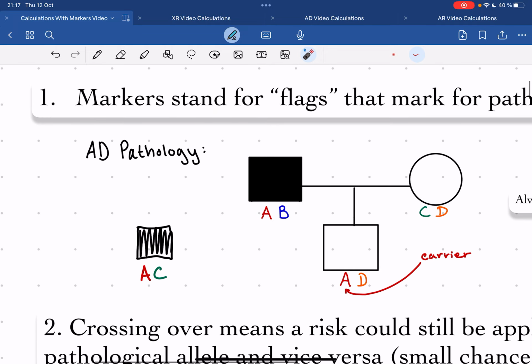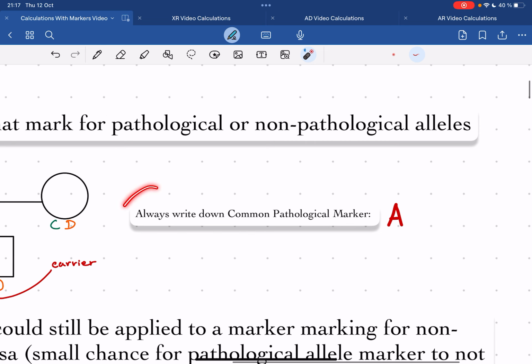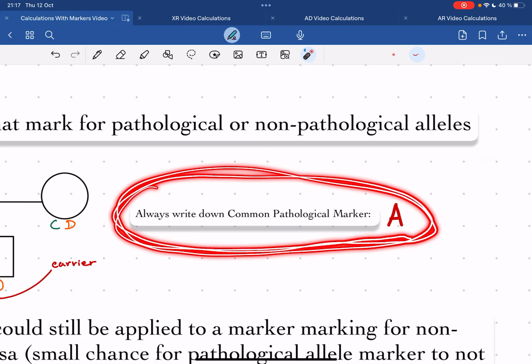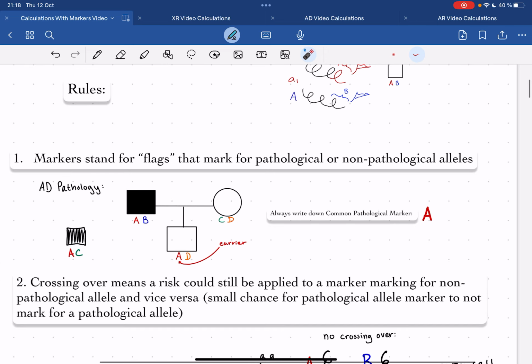That's how we can know that the common marker between these two affected is A, and therefore they must mark for the pathogenic allele. So that's why it's always important to mark down in your calculations before you start with anything, what is the common pathogenic allele between these affected individuals in the pedigree tree.